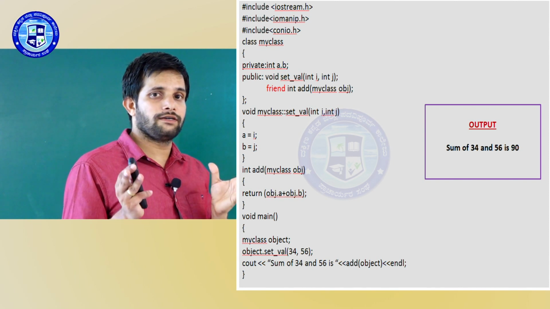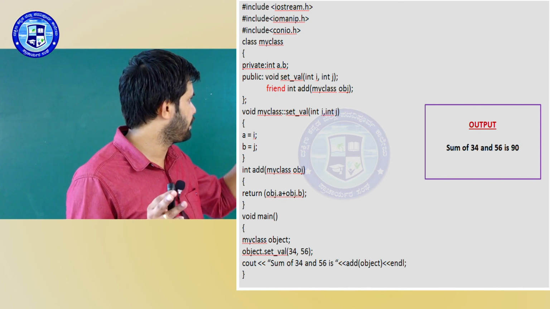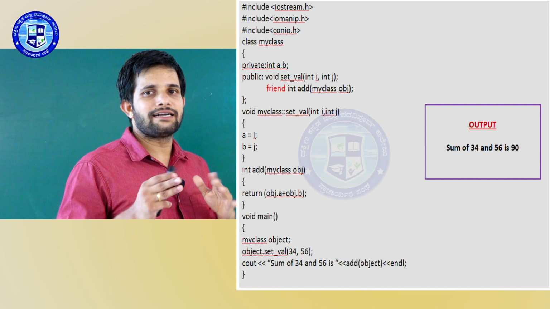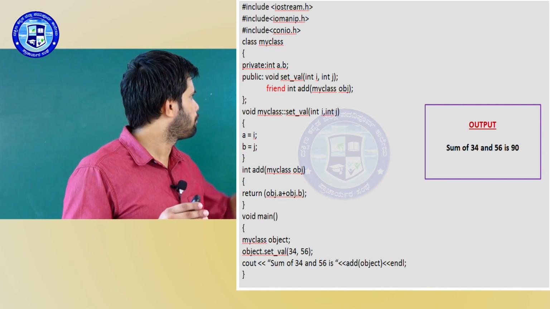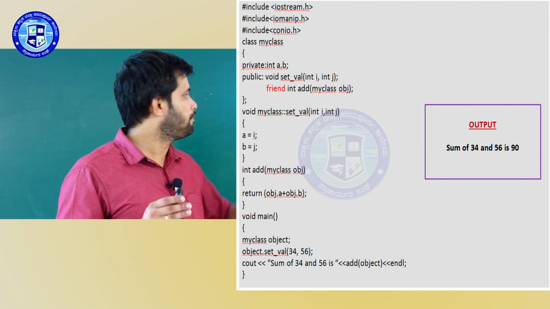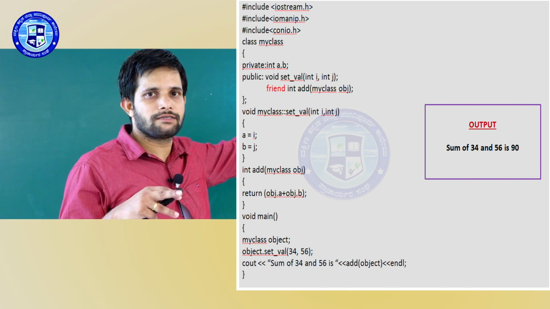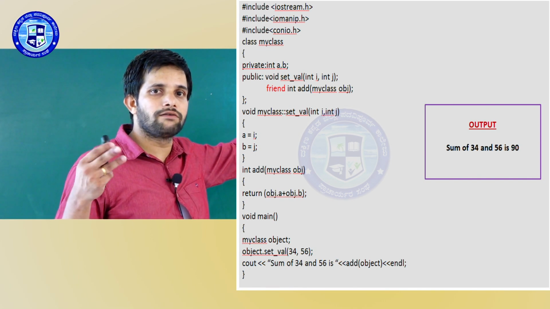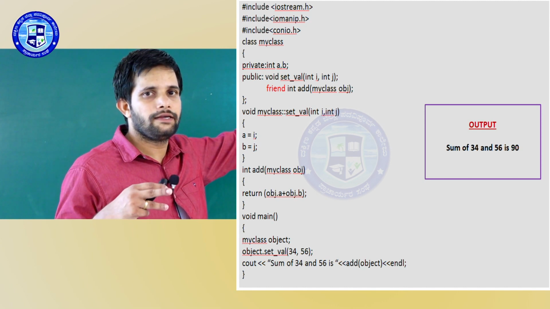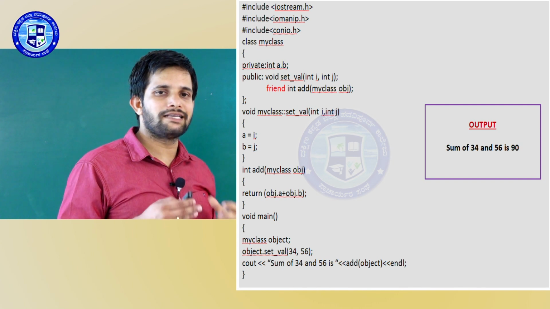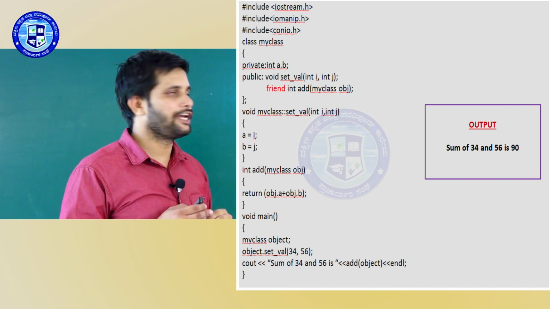And I will have two formal arguments i and j, both of integer type. They must be declared separately, int i, int j. So whenever this function is called, you are passing two arguments. Those two argument values will be copied to i and j. In turn, these i and j have to be copied to a and b. That is how I am going to take the values for a and b.